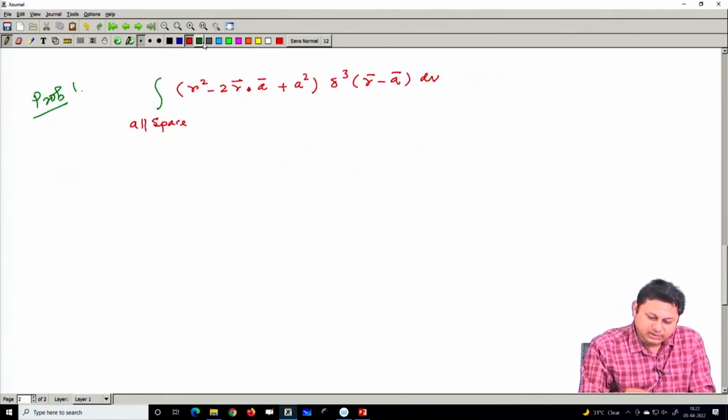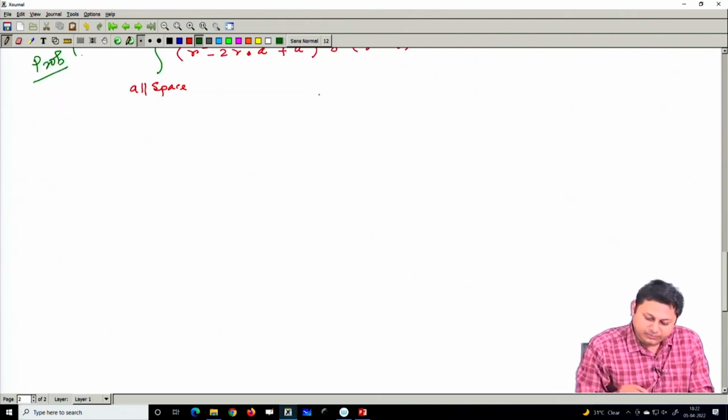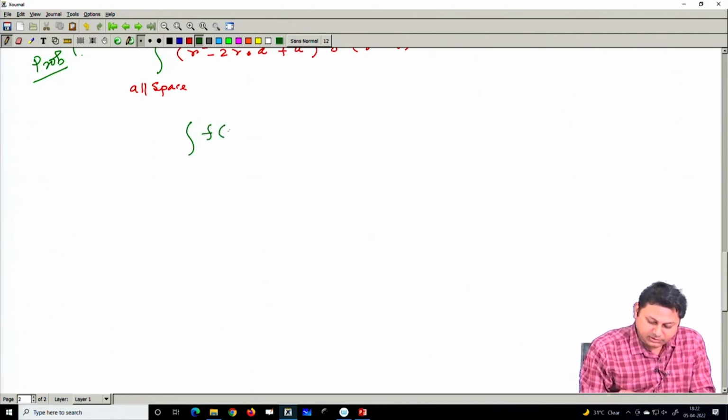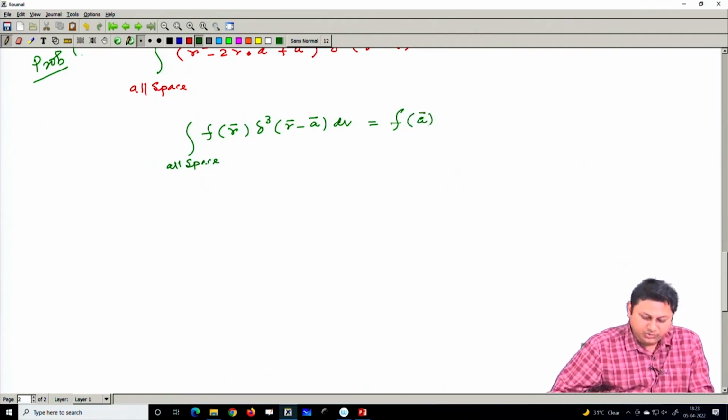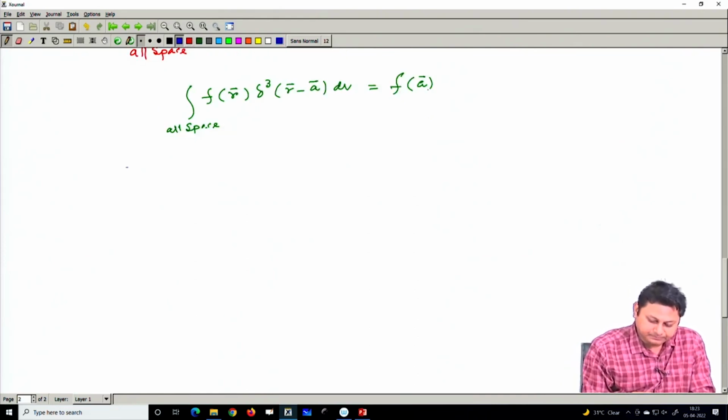So we know that when we have the integration of a function of vector r times delta cube r minus a, dv, over all space, V being all space, we simply replace r by a.